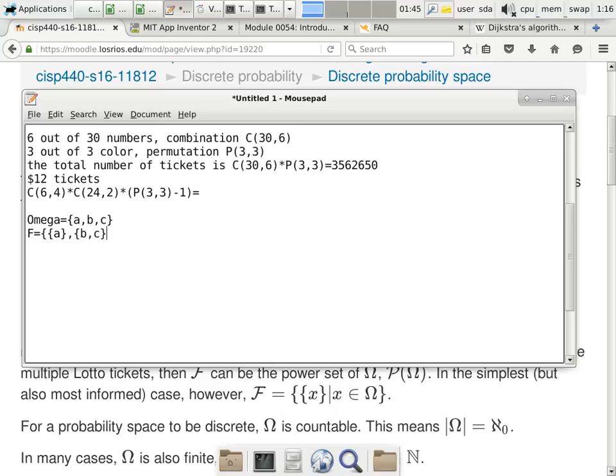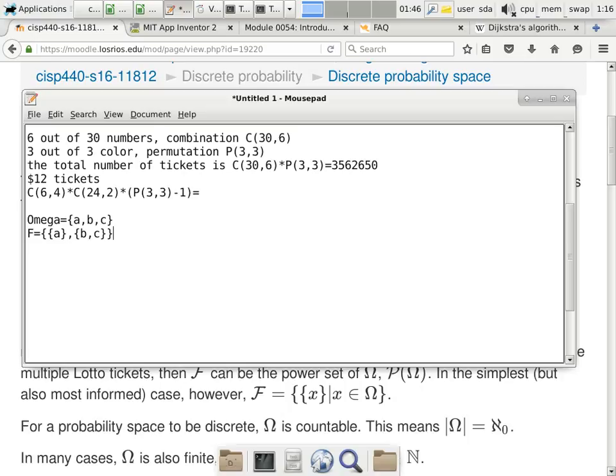I can group B and C into a subset of omega and make it an element in F. Now, when you look at all the elements in F, each one is a subset of omega. But when you take the union of all of these subsets, we get omega back. That is what the note is saying. Is that okay?